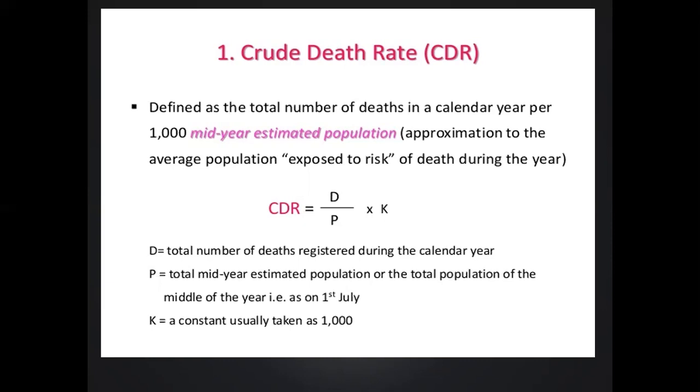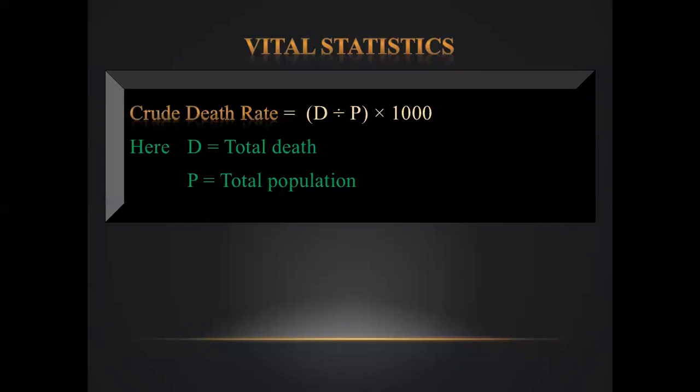And K is a constant usually taken as 1000. So crude death rate equals D divided by P, times 1000. Here D equals total deaths and P equals total population.